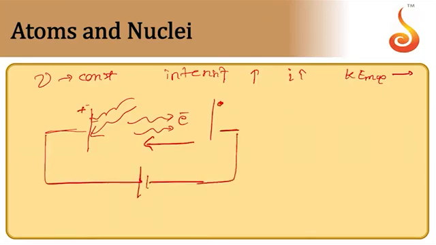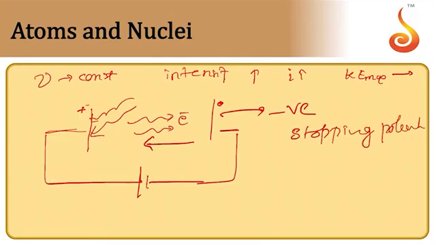So the negative potential to be applied is what is called the stopping potential. Stopping potential is the negative potential to be applied to prevent the electron from reaching the collector plate. How to get this?